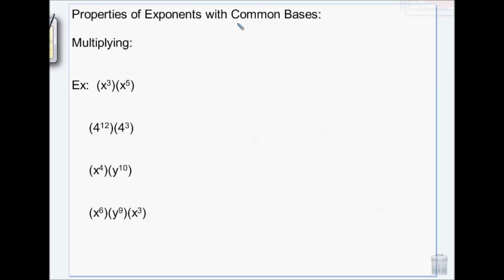Common bases mean matching bases. Okay. And to multiply exponents with common base, you add the exponents. And the base does not change.